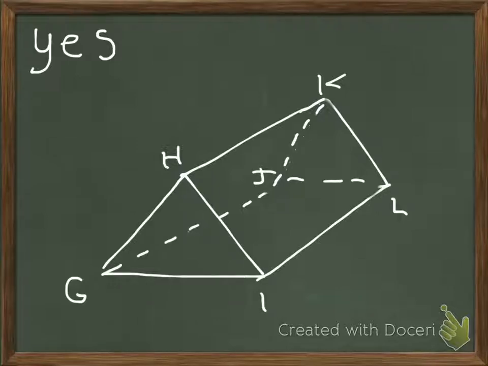A prism usually has more than just bases. It has usually more than one base. So in this case, we have two triangular bases here, if you look at the edges here. So that is going to be a triangular prism.